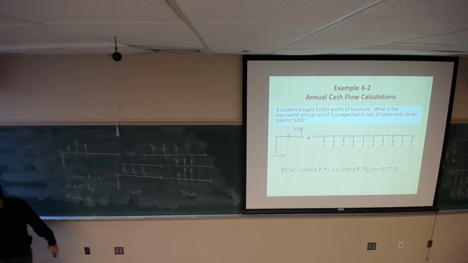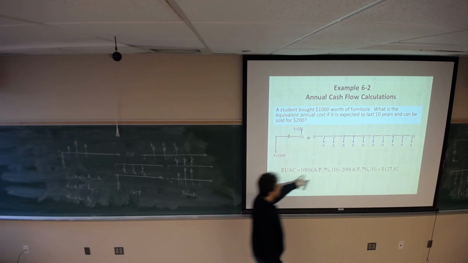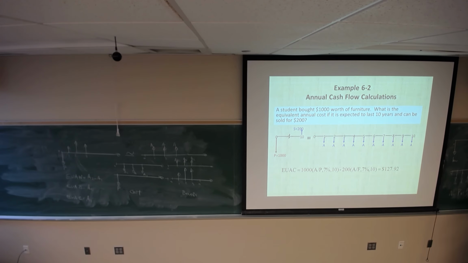7% for 10 years. This is A1. And what would be this $200? Where do you get the 7% from? It should be given because we should know how much would be the time value of the money. $200, what would be its equivalent?